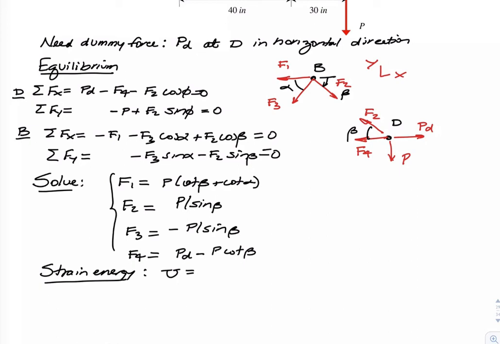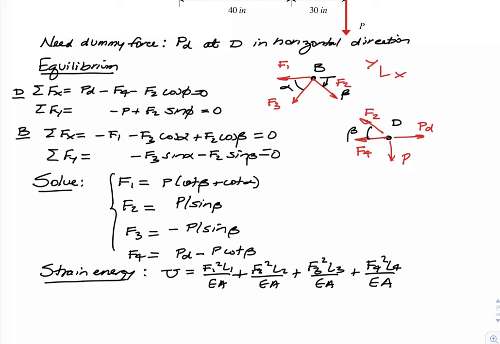So this is going to be F1 squared L1 over EA, F2 squared L2 over EA, F3 squared L3 over EA, and F4 squared L4 over EA. You can go through the trig to find the different lengths of L1, L2, and L3.